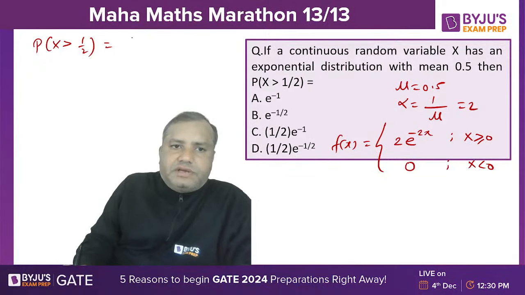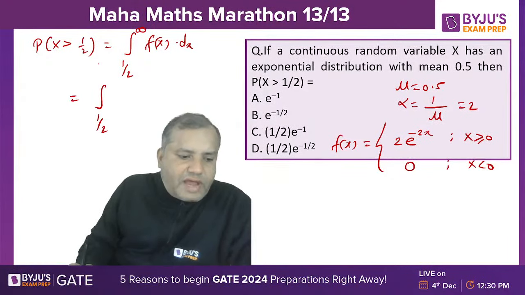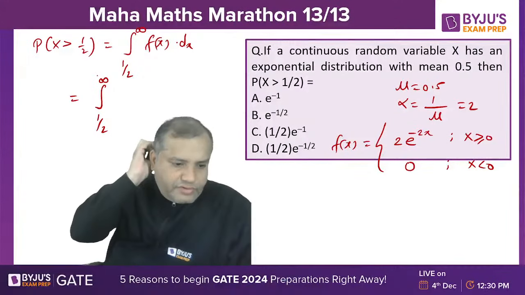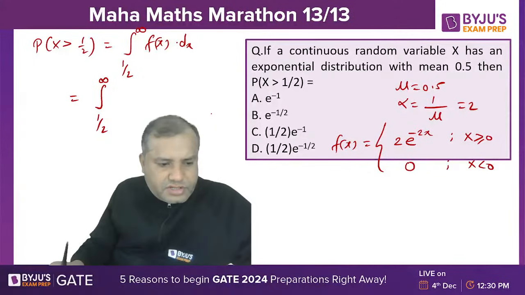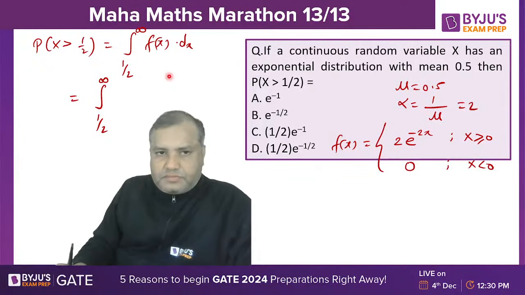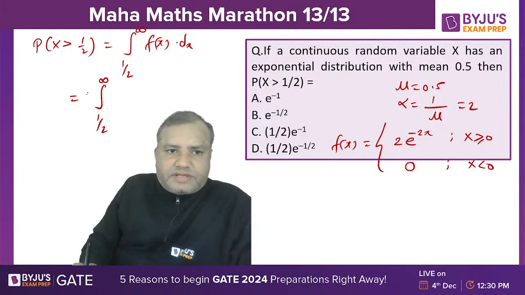It means integration from 1 by 2 to infinity f of x dx. So from 1 by 2 to infinity, what is the value of the function? 2 e raised to minus 2x.